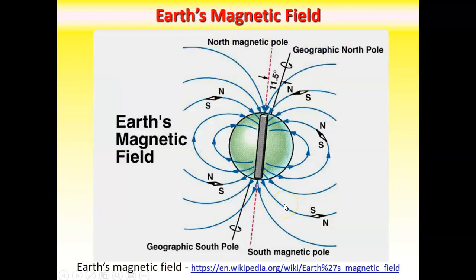And the last thing I just want to touch on before I let you take a break is the Earth's magnetic field. And so this diagram here is a typical one you'd see with a bar magnet running through the planet.